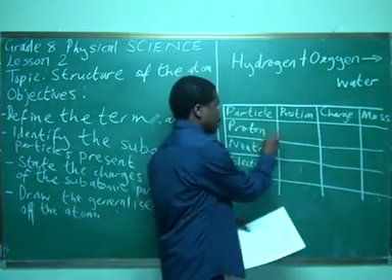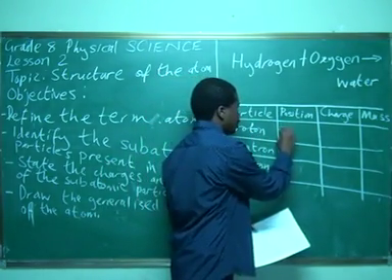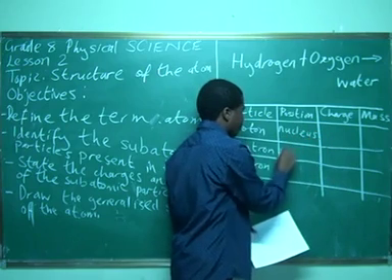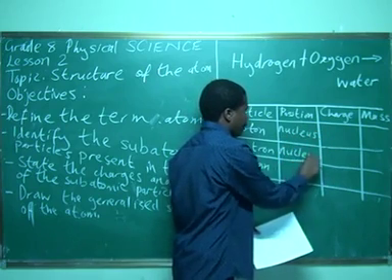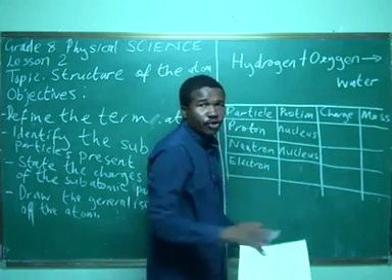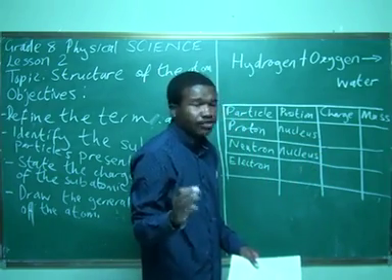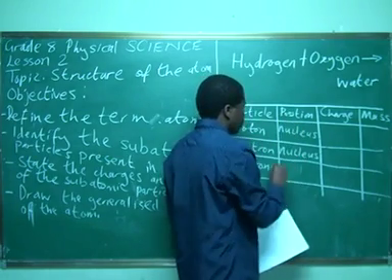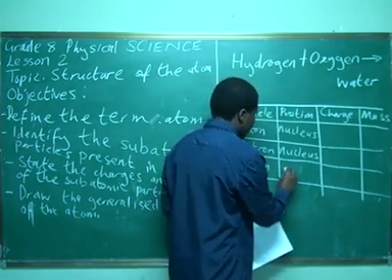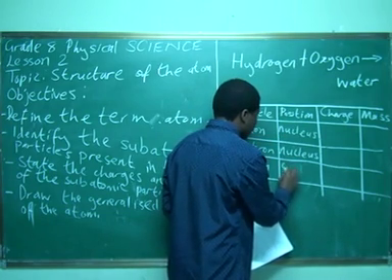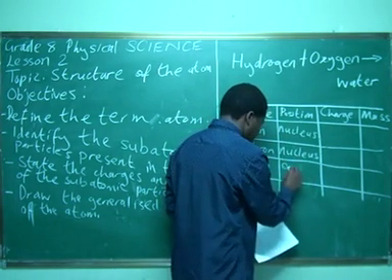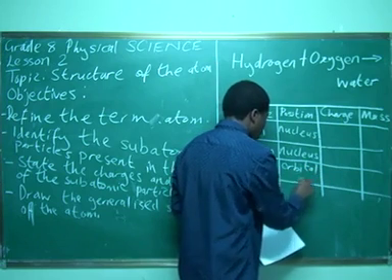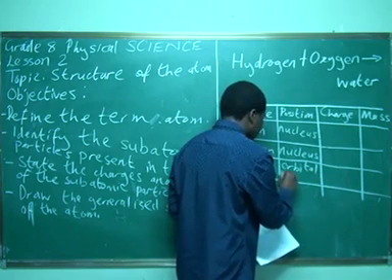The protons and neutrons, as we have said, are found in the nucleus. The electron, where is the electron found? The electron is found orbiting the nucleus, so we say it is found in the orbits, or the atomic shells.